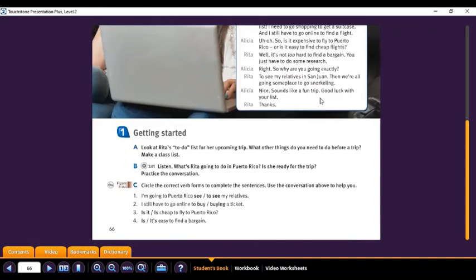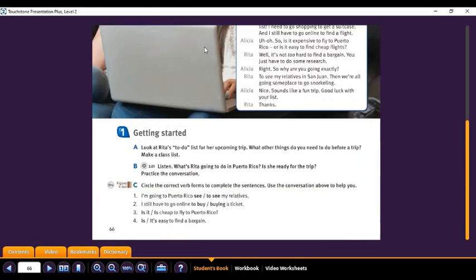Okay, so please, guys, circle the correct verb form to complete the sentences. You're going to underline the right one: see, to see, to buy, buying, is it, it's. So we are going to do this activity. Please, Florencia, tell me number one.